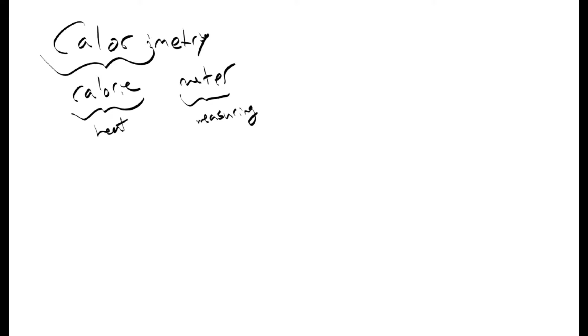Calorie comes from calor. That's Latin. Just means heat. So we're just measuring heat with calorimetry. Calorimetry is about measuring heat, and we do that using a calorimeter. The calorimeter is the actual device. Calorimetry is the discipline.